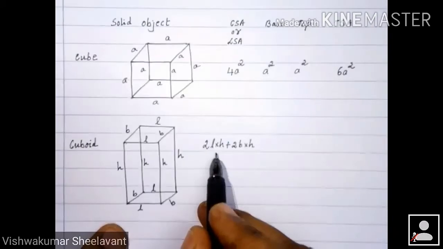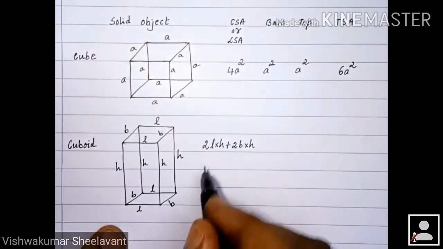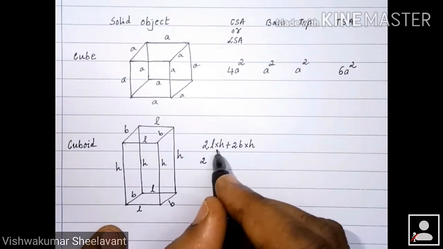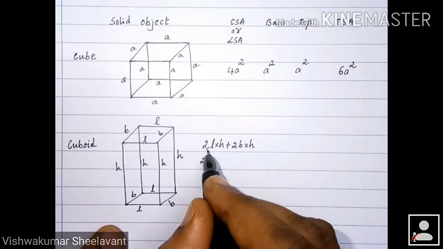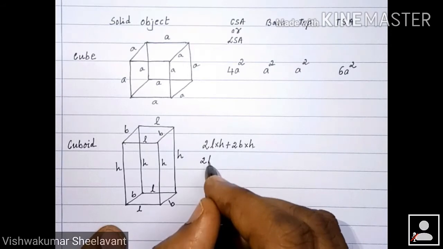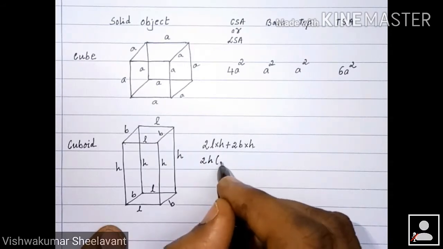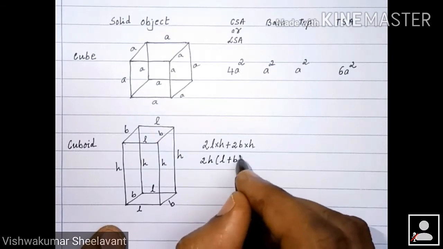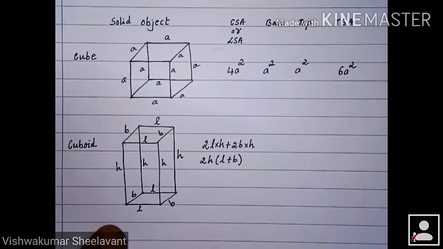This is lateral surface area. And here what you can do is take common outside H and 2. So 2h into the bracket, you will get L plus B.